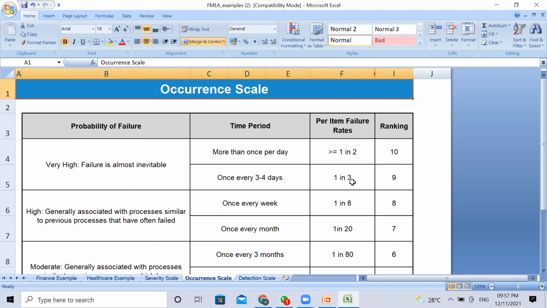Okay, sir. So there is no universal standard that 10 means this? There is no universal standard. You can prepare your own company standard, or as a person doing the FMEA, you can formulate your own guidelines, because it is only a comparative rating, right?